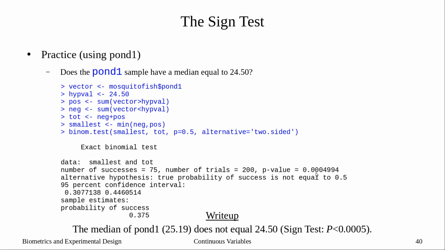When I run it, I get a p-value of 0.0004994. So we can do our write-up as: the median of pond 1 does not equal 24.50. Sign test p less than 0.005.